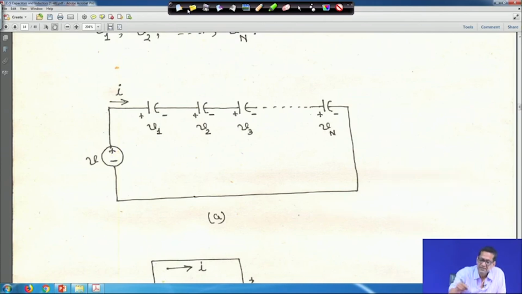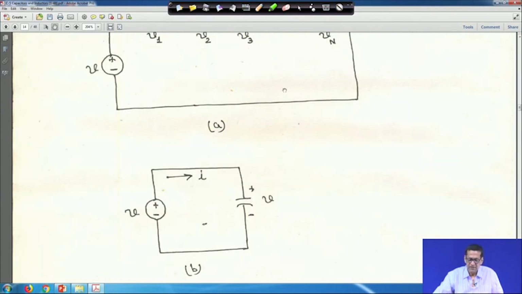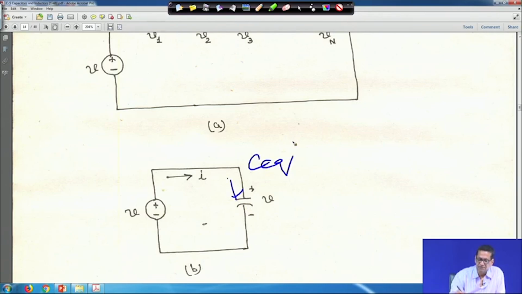Now, all this is an equivalent circuit. Whatever voltage is applied here, this capacitor will be, say, Ceq, and all this voltage is V. Naturally, the only current flowing is I, and the voltage across this also will be V, and this capacitor is Ceq.